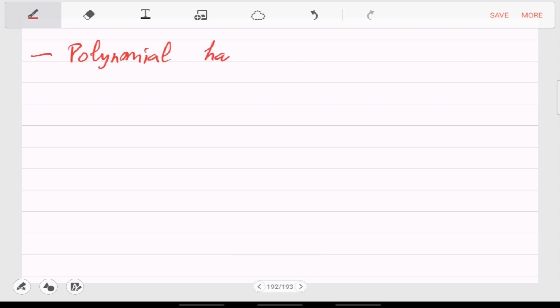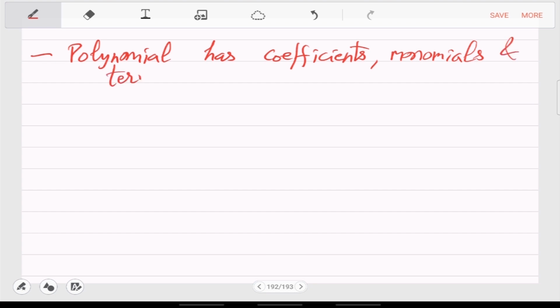So a polynomial has coefficients and monomials and terms. These are the keywords we'll use.